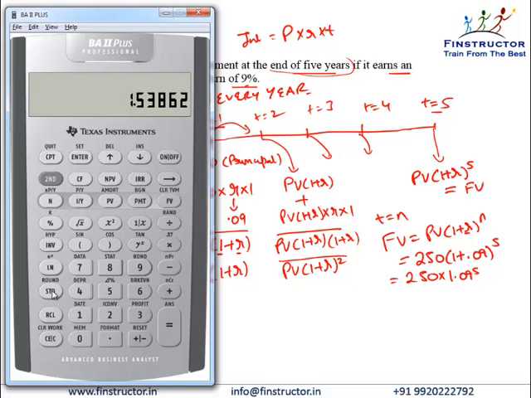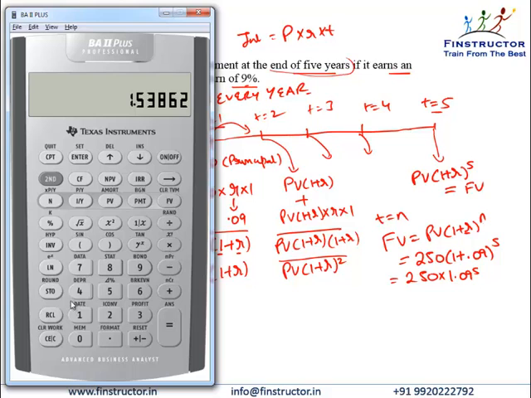Store this in the memory register 1. So press the button store and press 1. We're storing it just in case we make a mistake, we need this calculation again, we don't have to recalculate it. So we stored it in the memory register 1 and we will now multiply it with 250.